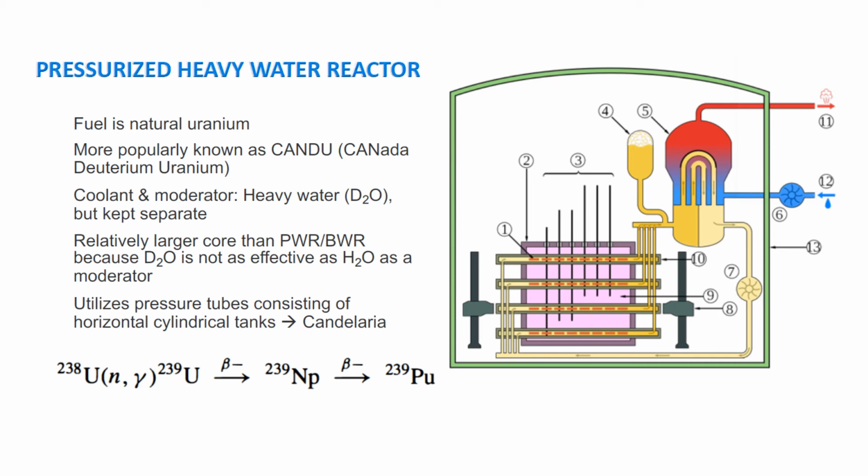It has a relatively larger core than your PWR and BWR because heavy water is not as effective as light water as a moderator. It utilizes pressure tubes consisting of horizontal cylindrical tanks, or the calandria. And below is the process of how fission in your pressurized heavy water reactor takes place.